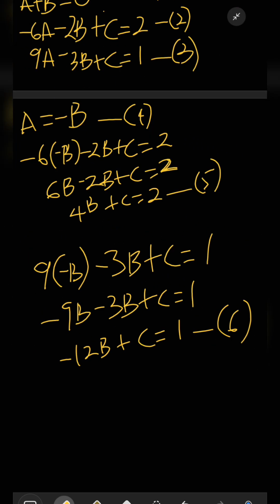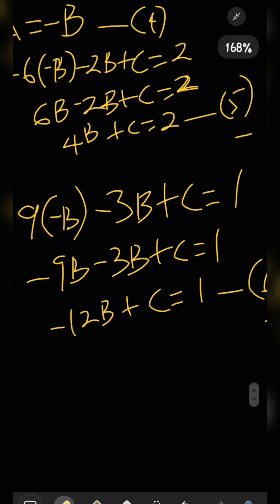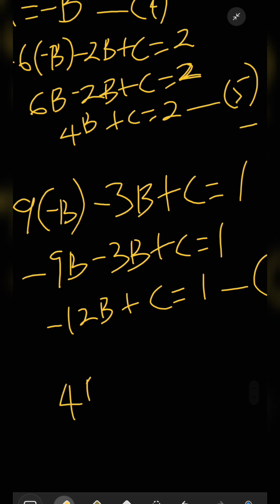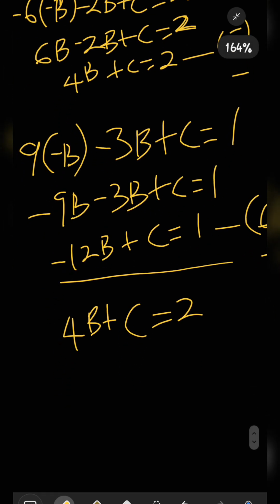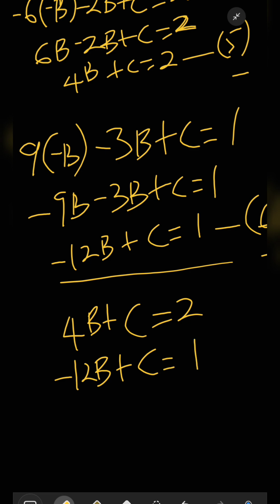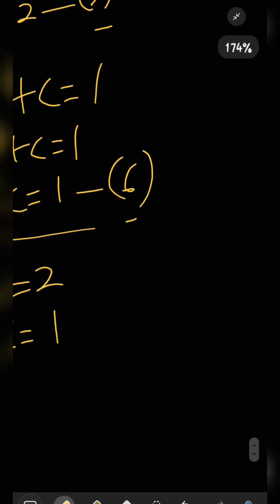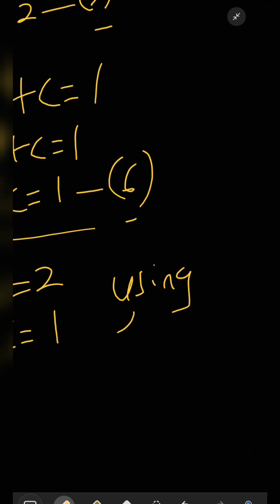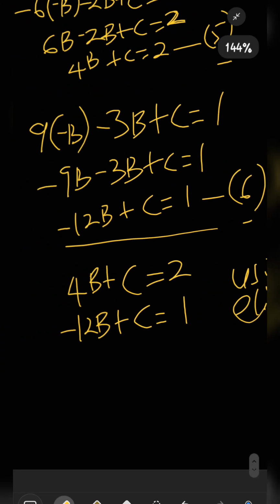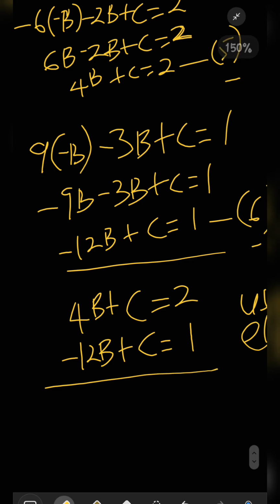We can now solve using the elimination method for equation 5 and equation 6. So we can say 4B plus C is equal to 2 and minus 12B plus C is equal to 1. Using the elimination method, we can cancel out C by subtracting the two equations.